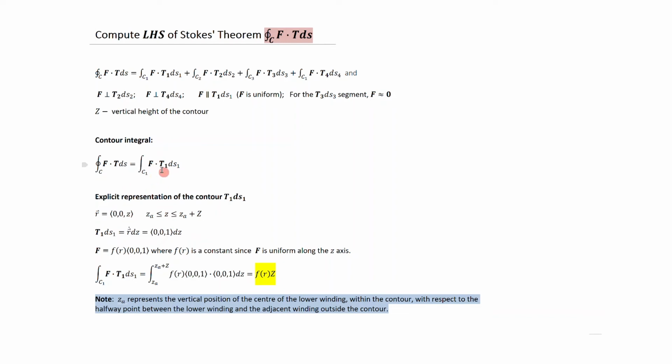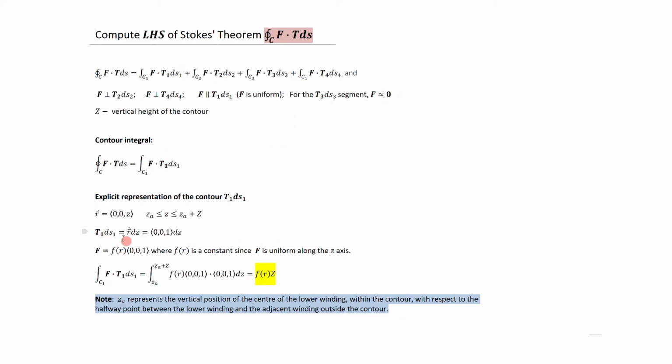So what we need to do now is determine what T1 ds1 is, and so we're using an explicit representation of the contour. We're parameterizing as r = (0, 0, z), where z runs from ZA to ZA plus capital Z, capital Z being the length of the contour segment in the vertical direction.